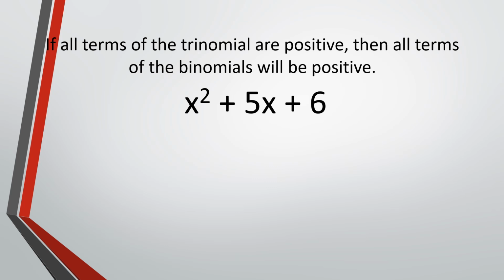Here is an example. If you have x squared plus 5x plus 6, as you can see, all the terms in the trinomial are positive. Therefore, all the binomials should be positive.